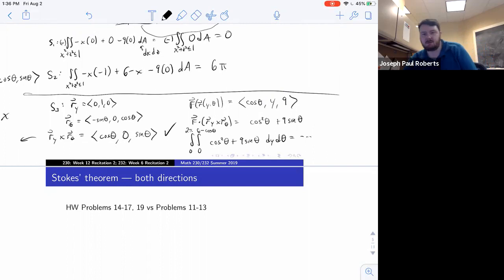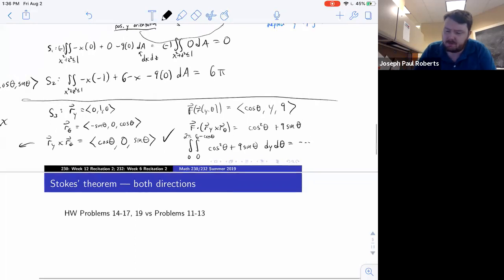And so I'm not going to do that double integral. It's not so bad. I guess you'll need a double angle identity to help with cosine squared. And then you'll also have a cosine cubed that you have to deal with.